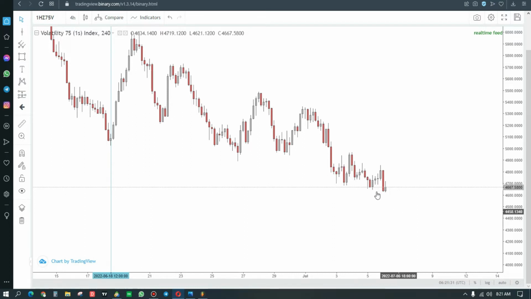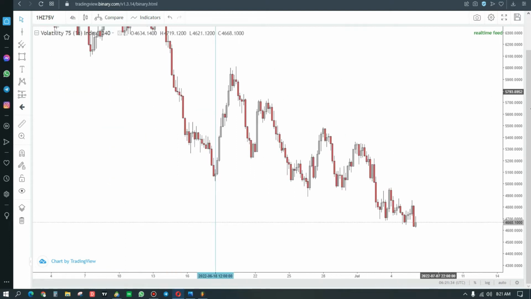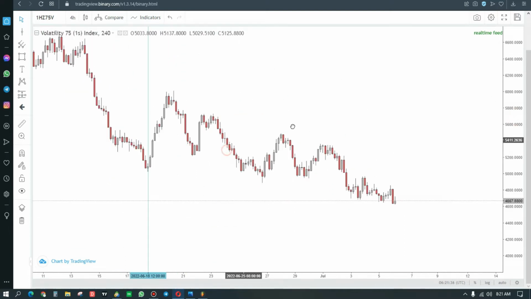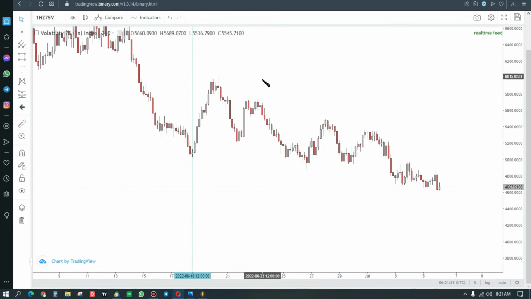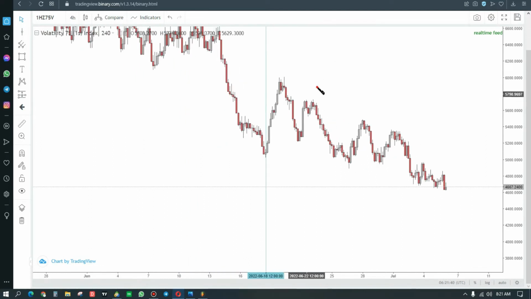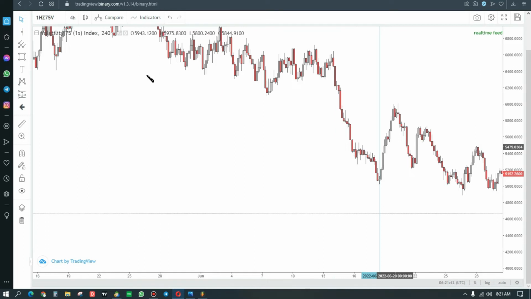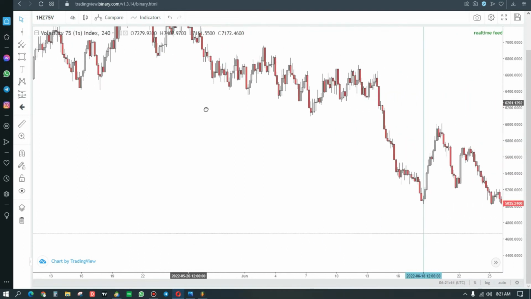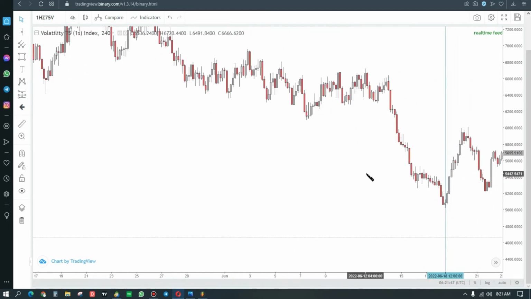Okay, I'm going to show you, starting from here, how I would be approaching these charts. I would be looking at it on a lower time frame, let's say a 1 hour.